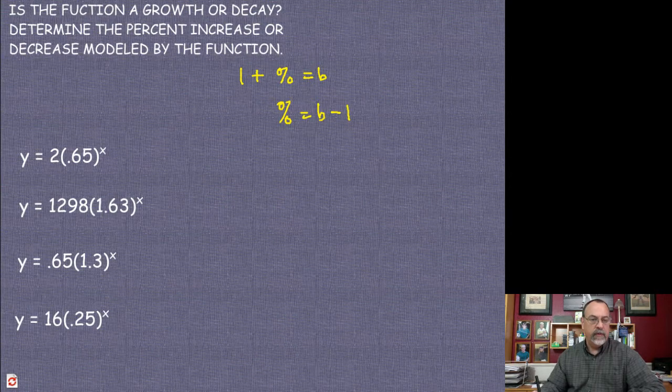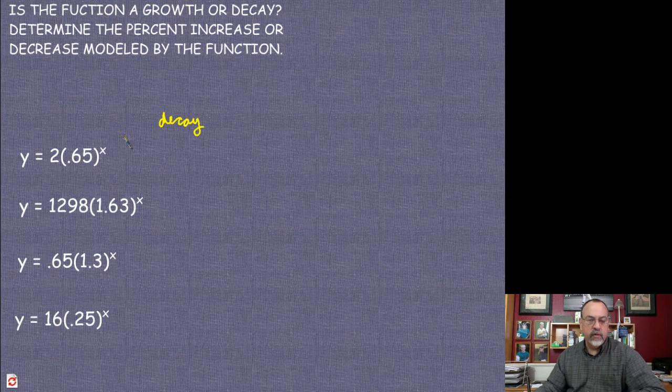So for example, as I look at this first function here, I know that this first function represents a decay because this B value is smaller than 1. What is the decay percent then? I take the B value, 0.65, and I subtract 1. That's going to give me a negative 0.35. Now that's the decimal part.